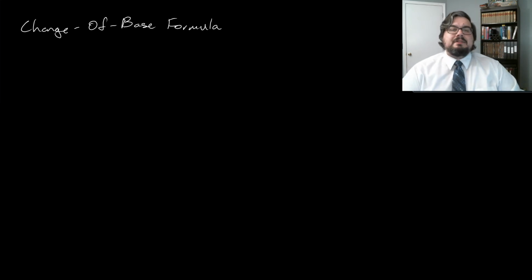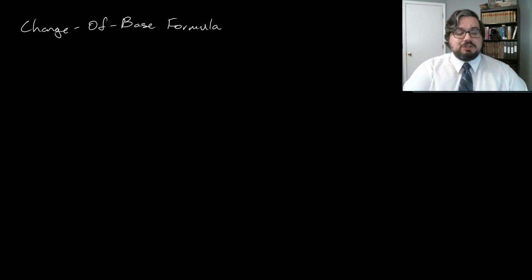There are many things in mathematics that aren't very well named, but the change of base formula is a good name. The change of base formula exactly tells you what it does. It takes a logarithmic expression and expresses it using a new expression which involves logarithms with a different base, a base that you've changed.